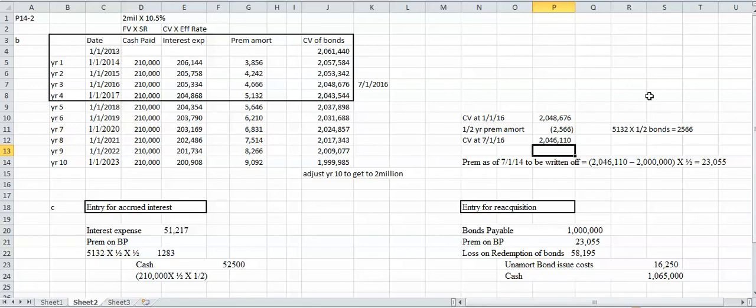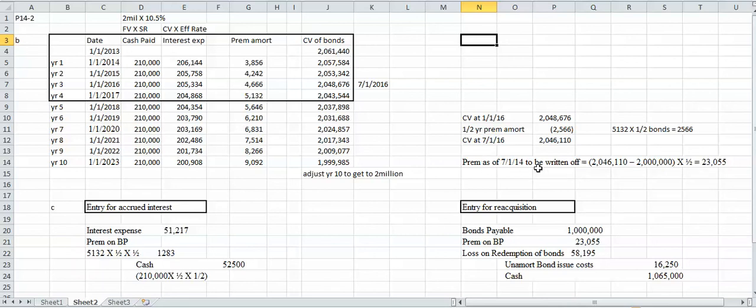The way I got the 2,046,110 is by taking the carrying value at January 1st and subtracting a half a year's premium amortization. The premium amortization is 5,132. I want to take half of that, right? 2,566. So if I subtract half of that, I get the carrying value at July 1st. So it would be halfway between July 1, 2016 and July 1, 2017. So that number goes there.